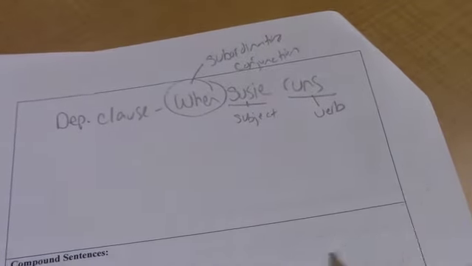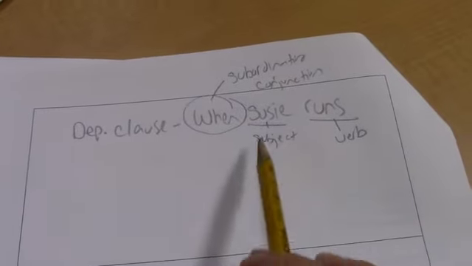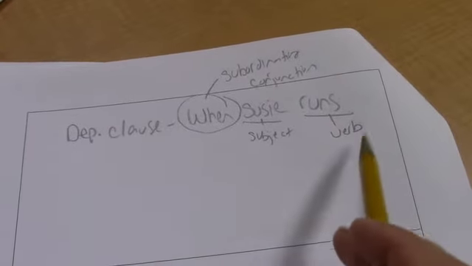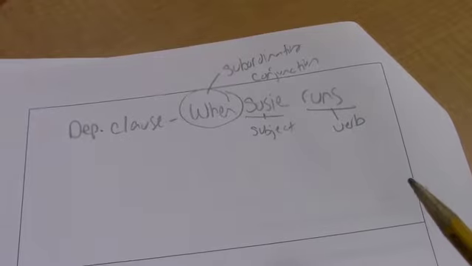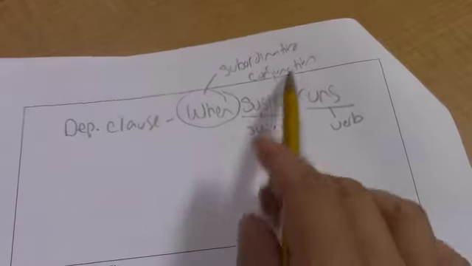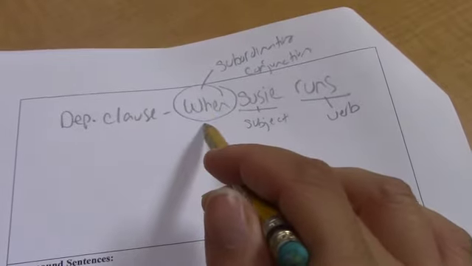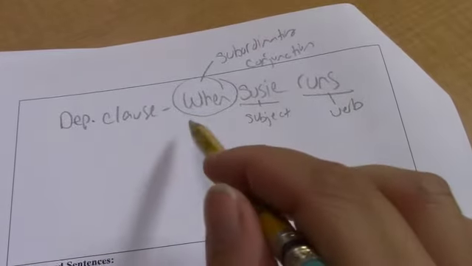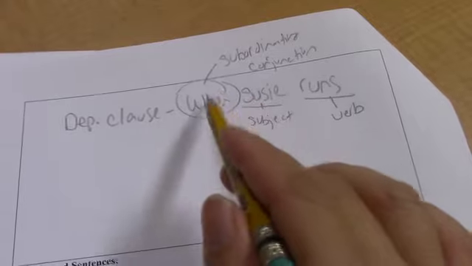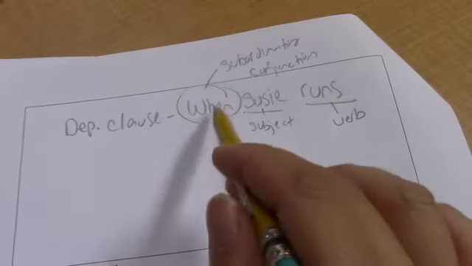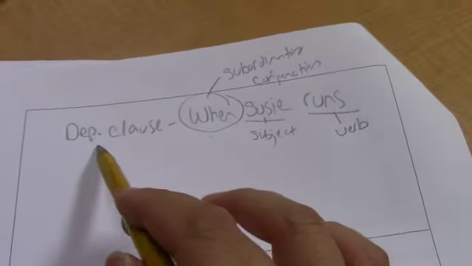So that's how you know it's a dependent clause: if you have a subject and a verb and it cannot stand by itself. Something else to look for is if your clause begins with a subordinating conjunction like when or if or after or whatever else is on that list, then what you have is a dependent clause.